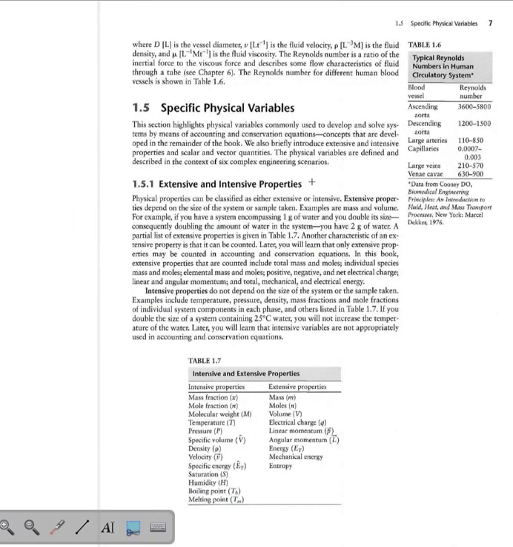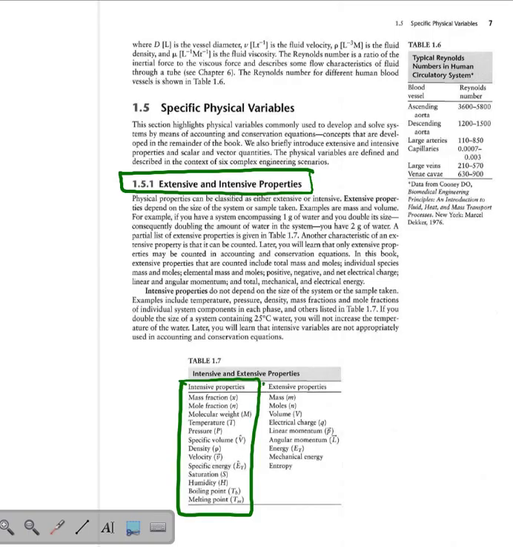Another important concept is extensive and intensive properties. And here is a list of them, and we will be dealing with many of these. And the basic concept is, if we're talking about a property, it's extensive if, when you take a larger volume or a smaller volume of whatever it is you're talking about, the extensive property will change and the intensive property will not.